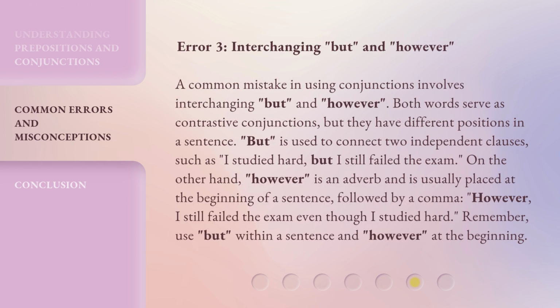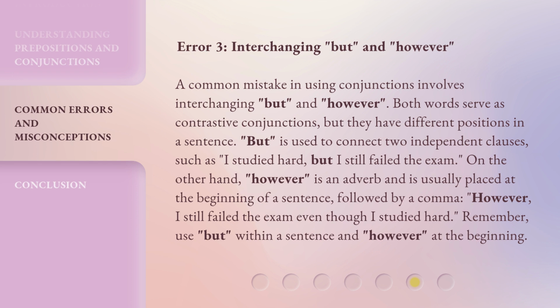Error 3. Interchanging but and however. A common mistake in using conjunctions involves interchanging but and however. Both words serve as contrastive conjunctions, but they have different positions in a sentence. But is used to connect two independent clauses, such as, I studied hard, but I still failed the exam.